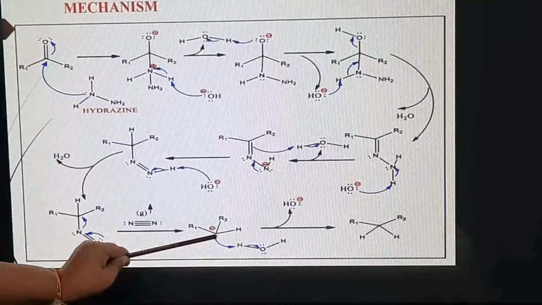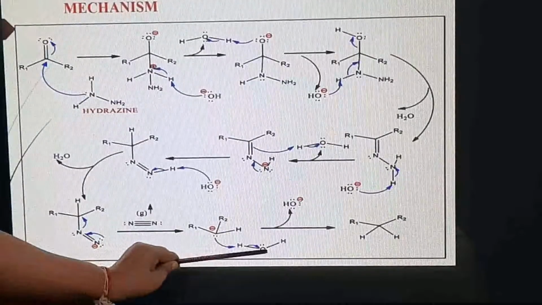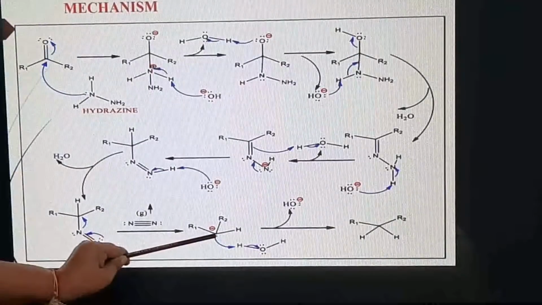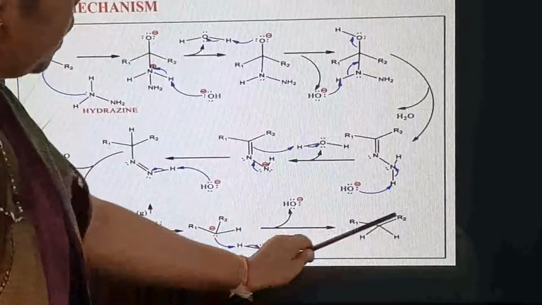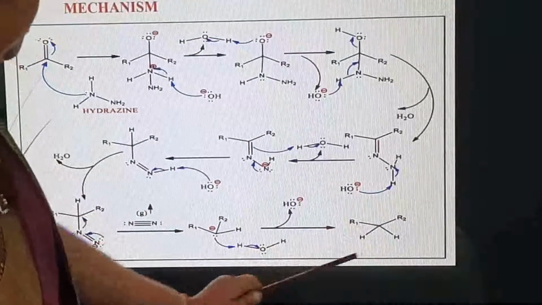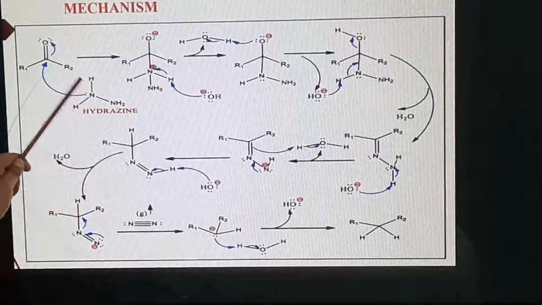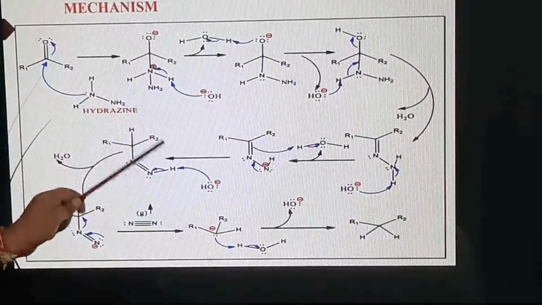So now here we need another hydrogen. That hydrogen is given by the water molecule, and that hydrogen attacks this electronegative carbon, and there is the formation of RCH2R2, that is the methylene. So in total this reaction requires the base OH minus, and numbers of OH minus come from the base, that is KOH.